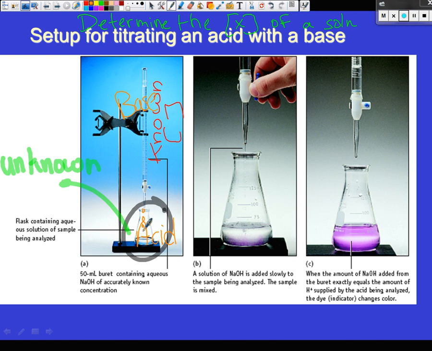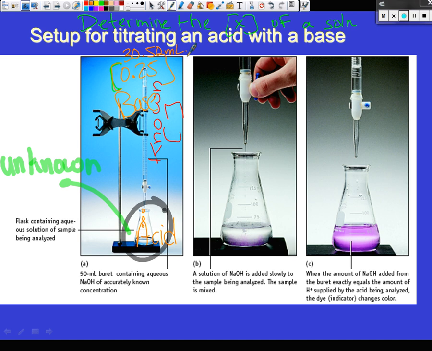And we're going to pretend that the concentration of the base is, I'm making it up, 0.25. We're just going to pretend. Okay? And I drop, let's say, 30.50 milliliters of that base into my acid.